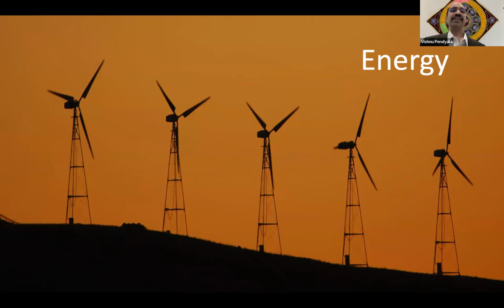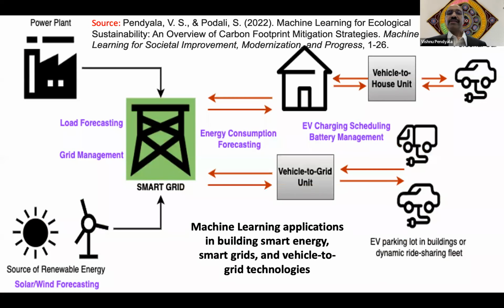Right? So what can machine learning do for energy? The main goals of forecasting solar or wind energy are to reduce reliance on polluting power plants, right? Today, power is still being generated using coal, right?